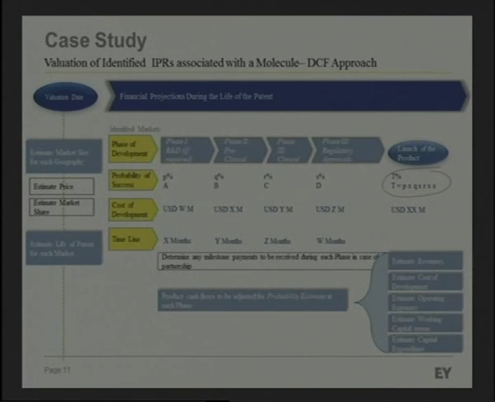What are my operating expenses? Because once the product is developed, you will also need certain operating expenses to manufacture it on a year over year basis. The working capital norms, the capital expenditure norms, all these together will help me arrive at the net cash inflows that I would be able to generate out of this intellectual property right in future post completion of these four phases.